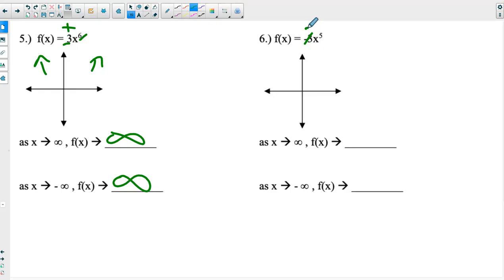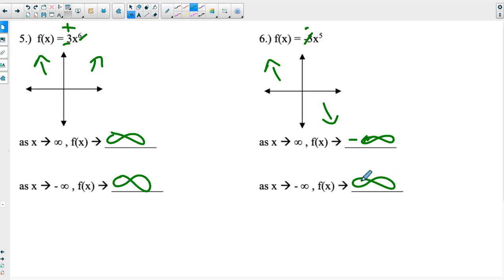Yeah, it's doing this. Okay, so I'm going to draw that. So as we go to the right, what do I get? Negative infinity. As I go to the left, I'll get positive infinity.